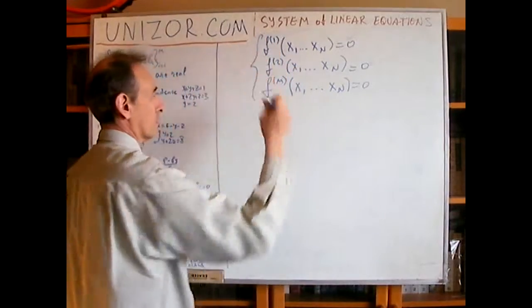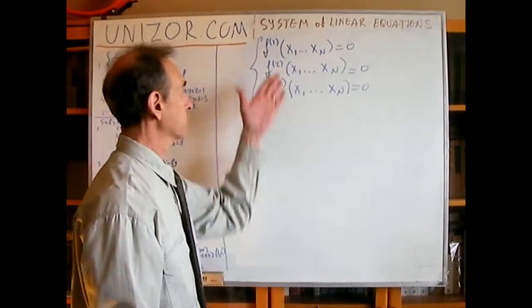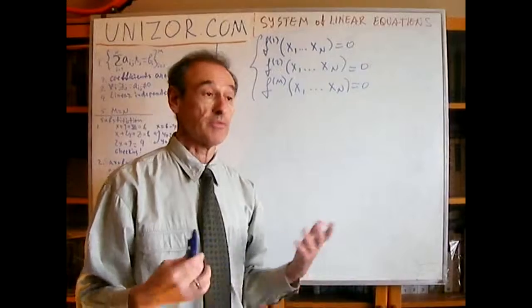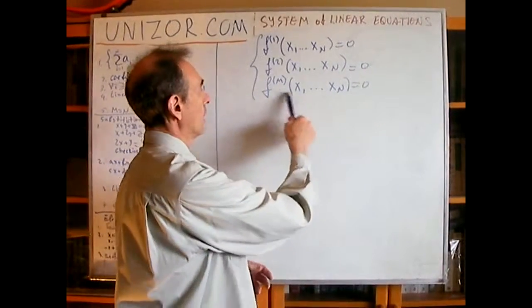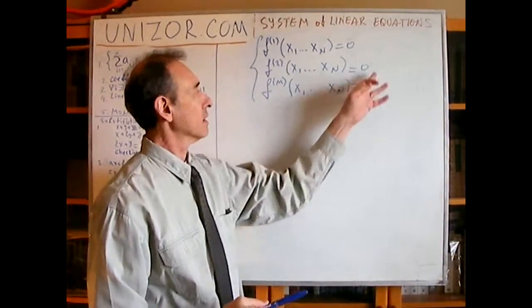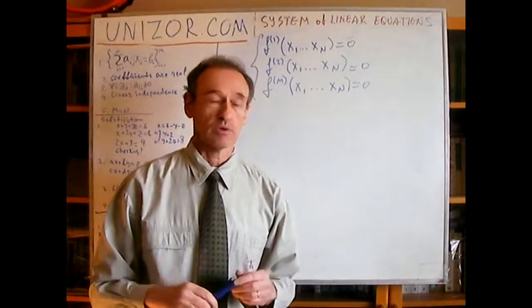This is a generalized form. So we have m conditions, m functions actually, of unknown variables, and I equalize them to 0.